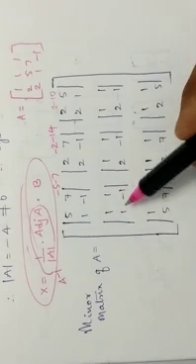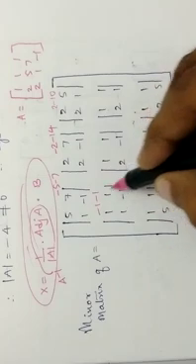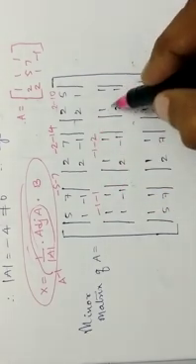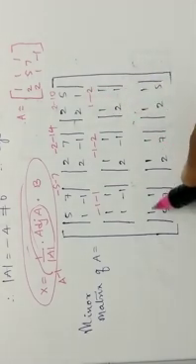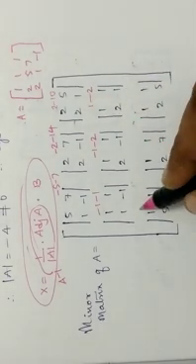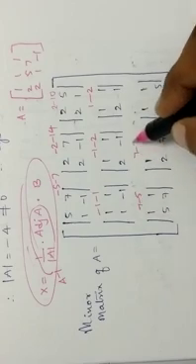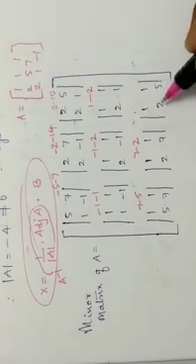Minus 1 minus 1. Minus 1 minus 2. 1 minus 2. Here 7 minus 5. 7 minus 2. 5 minus 2.